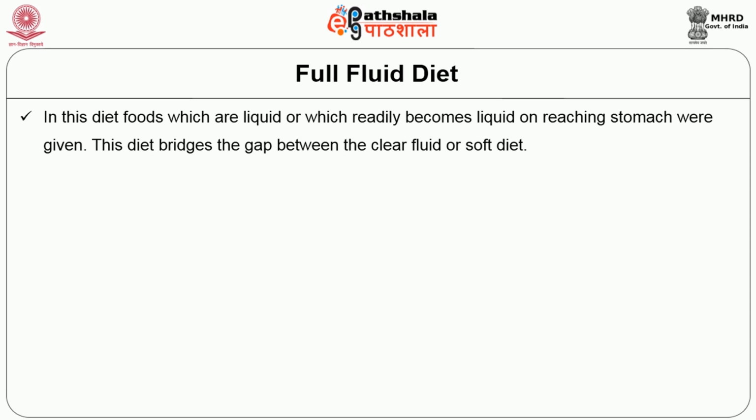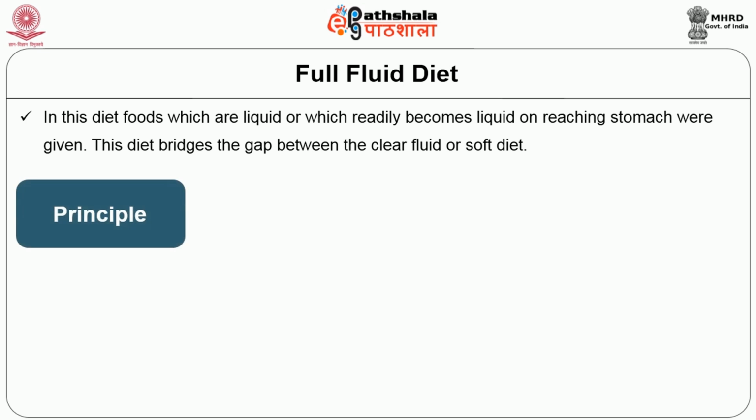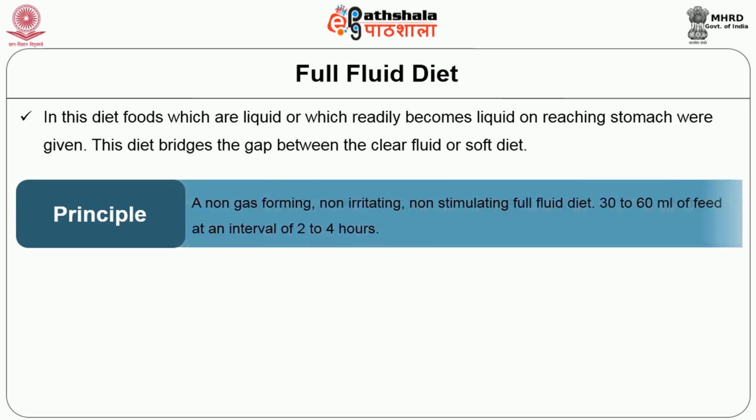In this type of diet, foods which are liquid, or which readily become liquid on reaching the stomach, are given. This diet bridges the gap between the clear fluid and the soft diet. The principle of the diet is that this is also a non-gas forming, non-irritating, non-stimulating full fluid diet.